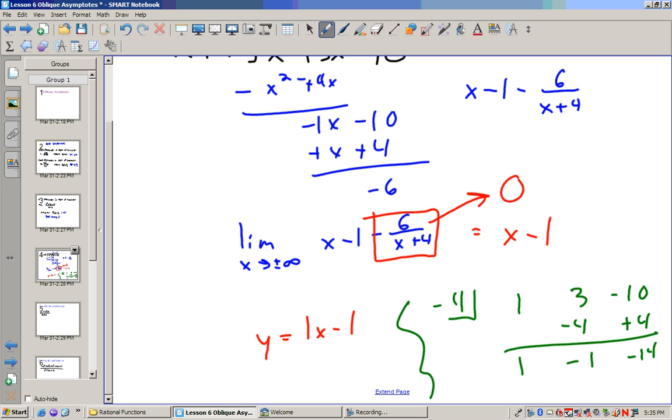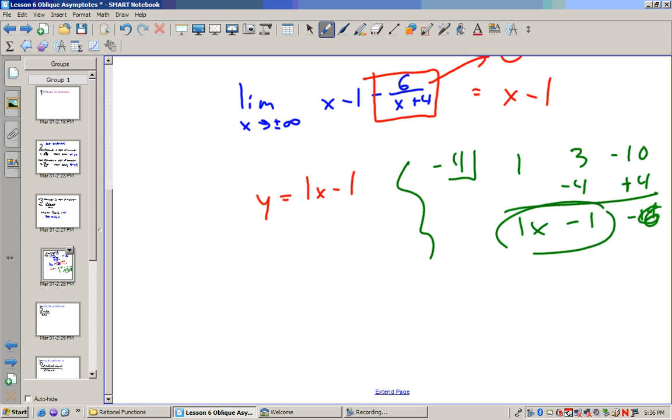Oh, this would be positive 4. So we got negative 6. So we would ignore this part because this would be the part that goes towards 0. So x minus 1 is the same thing we got there. So we call that our oblique asymptote. y equals x minus 1.